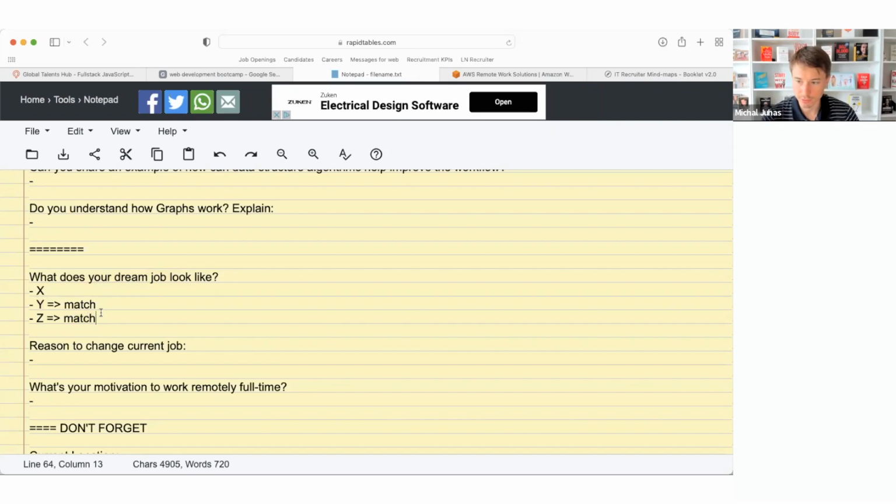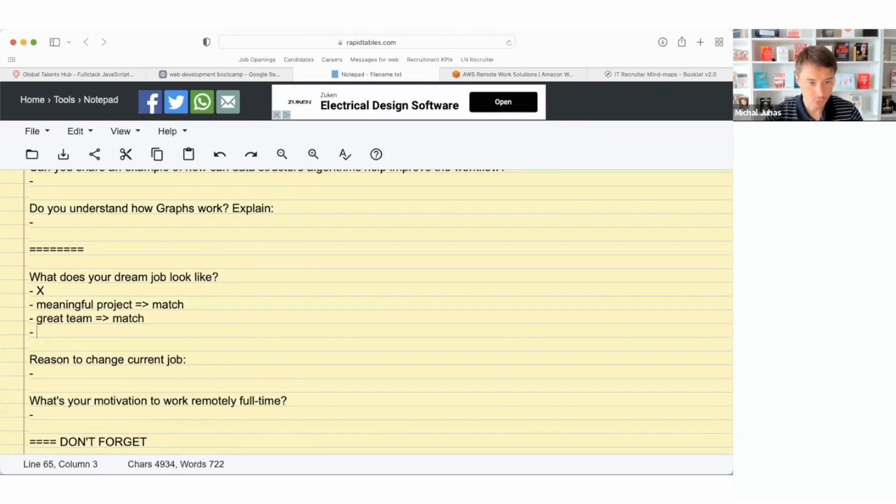Same with the second one. And I was just having this interview earlier today, and it just went so well. The person, for example, said, I want to work on a meaningful project. I want to work with a great team. I don't recall now from the top of my mind, but they mentioned a few of these things.